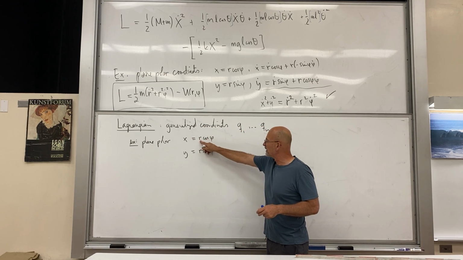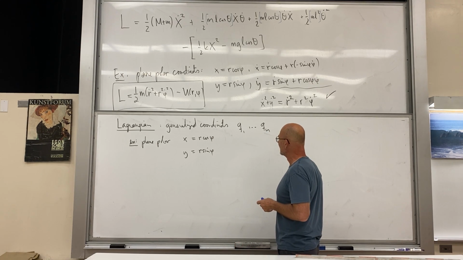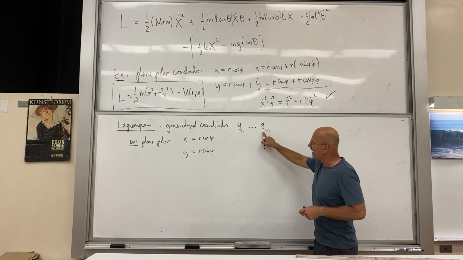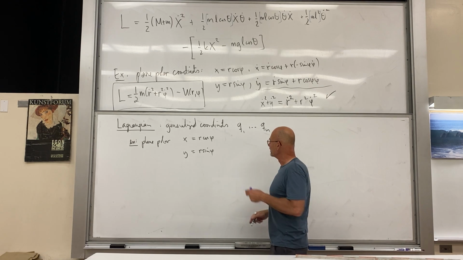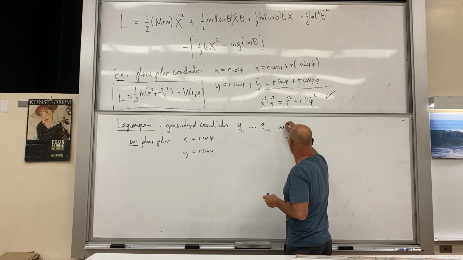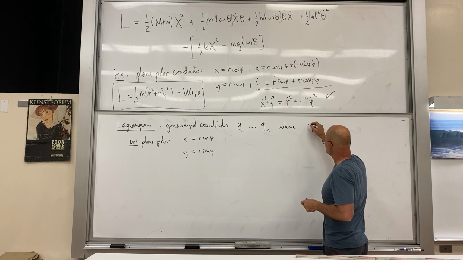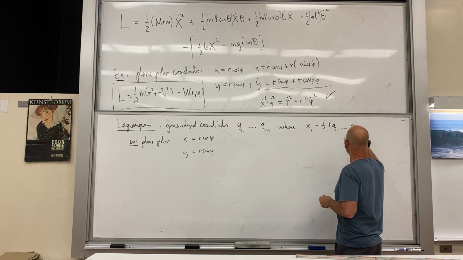So we could say q sub 1 is r, q sub 2 is phi. Okay. So we're going to transform from Cartesian to generalized coordinates, just as we transformed from Cartesian to plane polar coordinates before. So that transformation would be x sub i is equal to f sub i of q1 through qn.